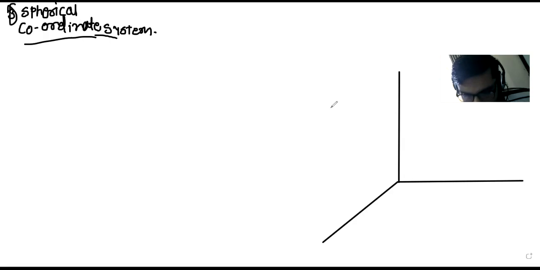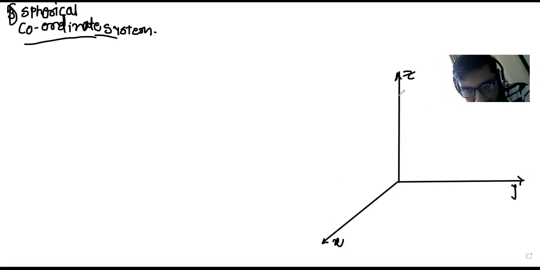So let me write. This is x-axis, y-axis, and z-axis. Right now, I want to draw the cross section of that watermelon here, right?